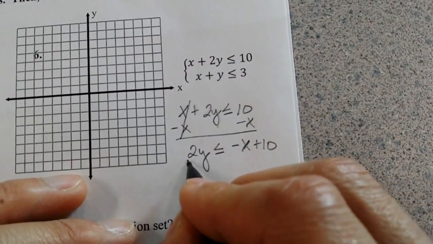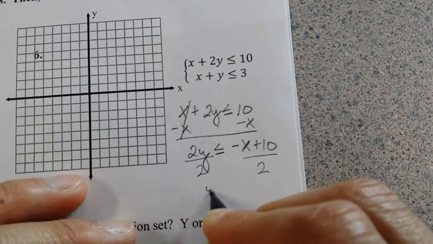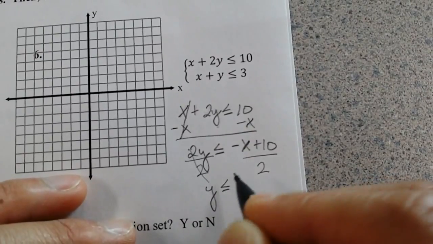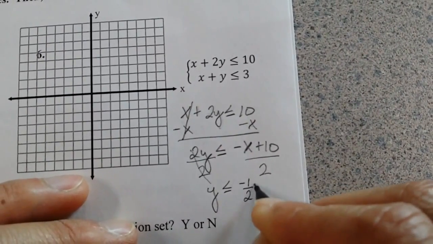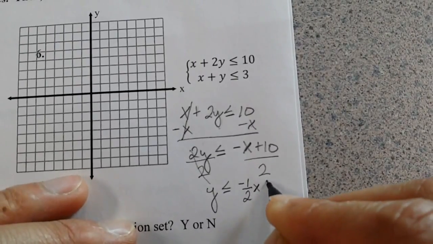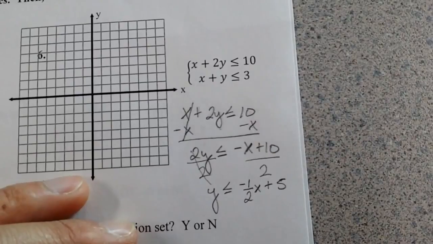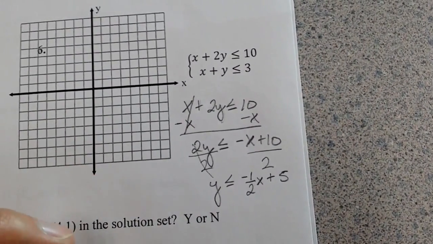Now, divide both sides by 2. The 2 cancels out, you get y is less than or equal to negative 1/2 x plus 10 divided by 2, here is 5. So that's for the first equation.